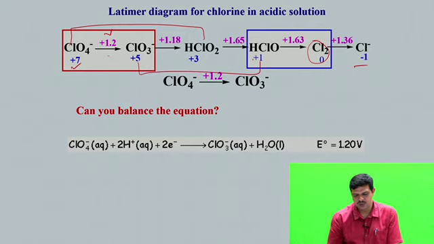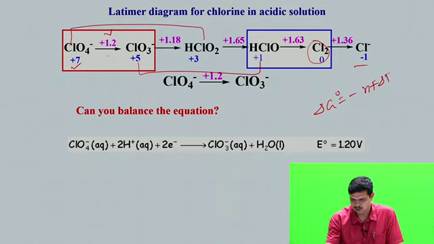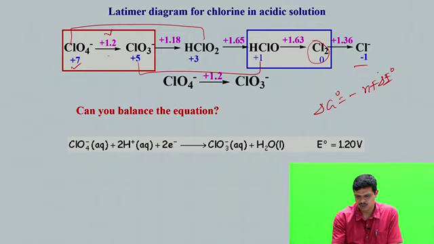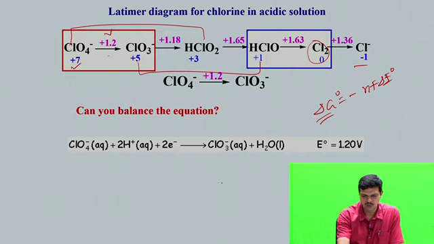So, you have to measure the respective delta G0, and then you can calculate stepwise, and you will know the reduction potential of a non-adjacent species. For adjacent species it is already there.